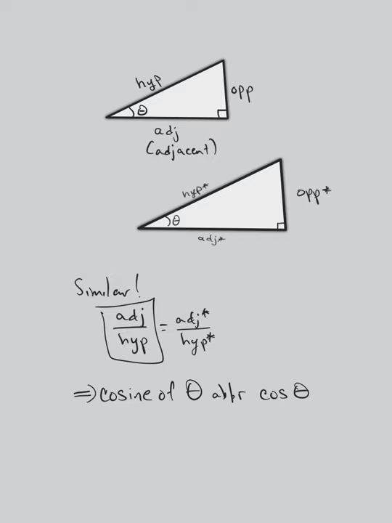The definition of the cosine of theta is just that ratio of the adjacent to the hypotenuse in any right triangle that has that angle theta. And similarly, we're going to see that we can define what's called the sine and the tangent, just using different sides. So let's go to the next slide to do this.